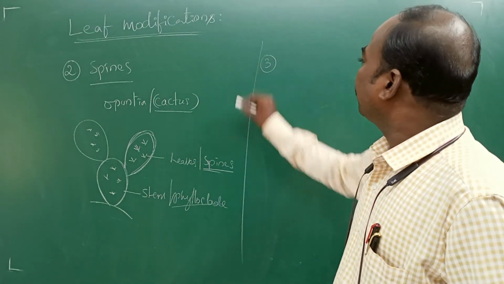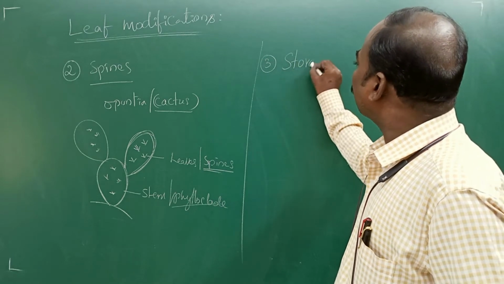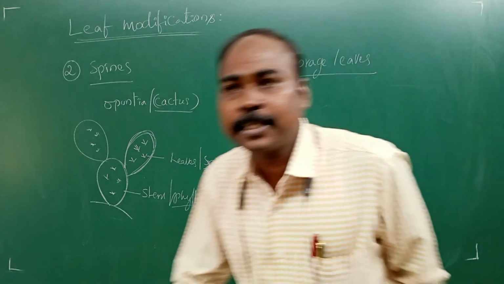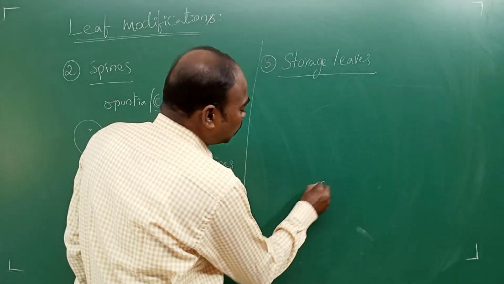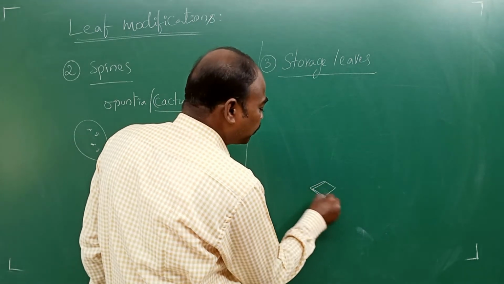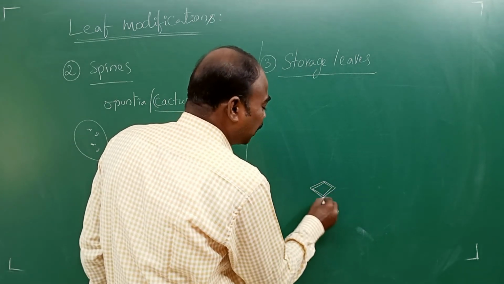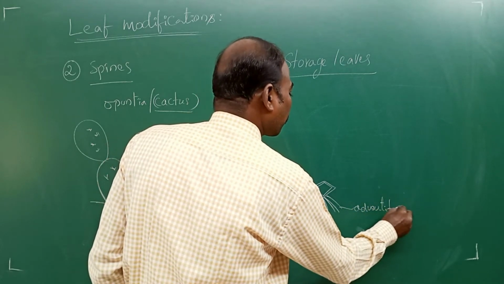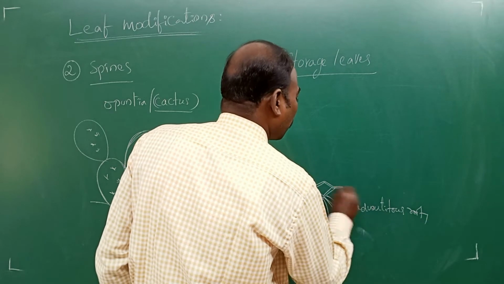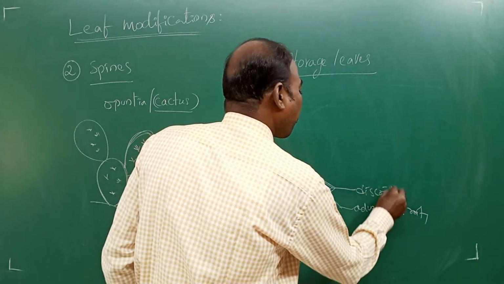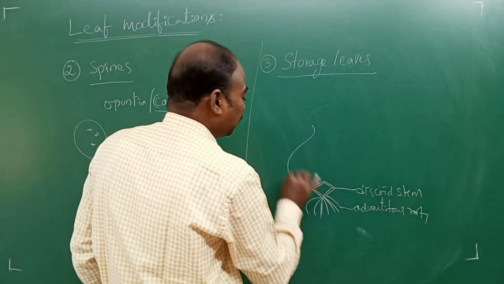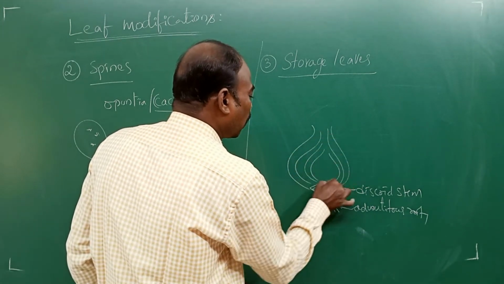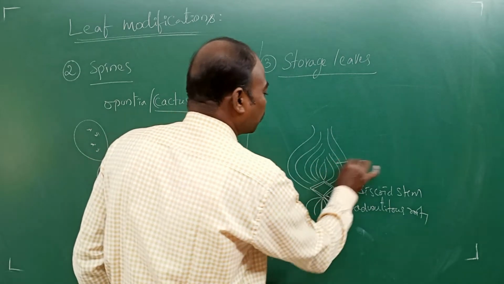Then thirdly, storage leaves. This was also discussed under stem modification: the underground stem is discoid and has adventitious roots, but the basal underground scale leaves store the food material.